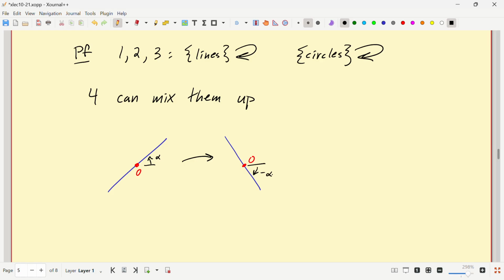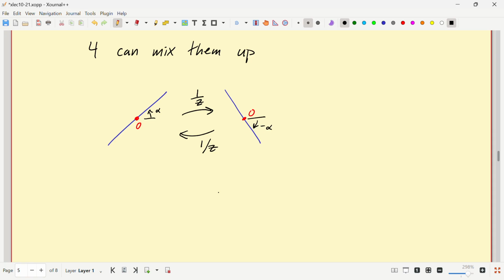So 1 over z takes that line to that line, and it turns it inside out. It blows 0 out to the infinity end, and it sends infinity down to 0. So it turns it inside out like that. But it sends a line to a line. And of course, 1 over z is its own inverse. So it does that going the other way.